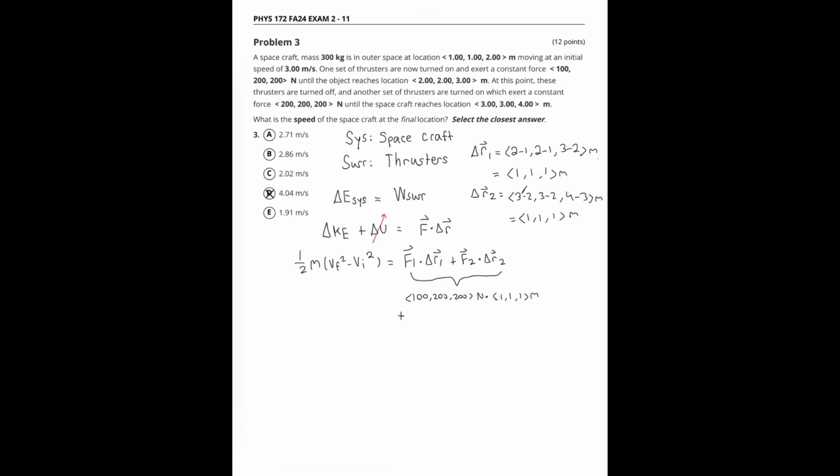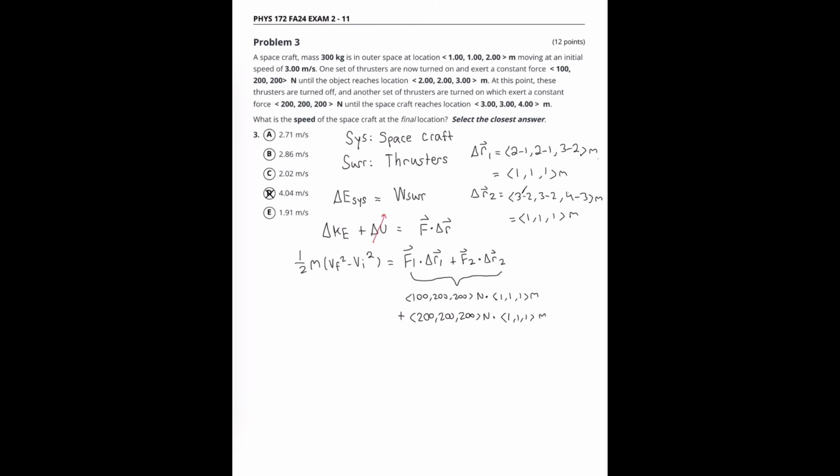plus F2, which is (200, 200, 200) newtons dot (1, 1, 1) meters.